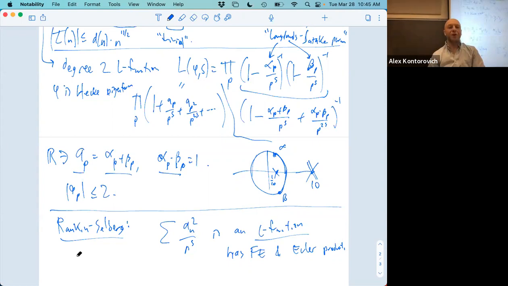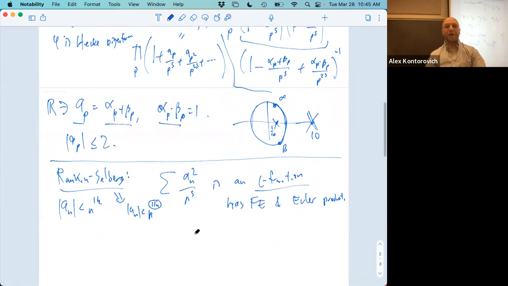take you from the trivial bound of a_n is bounded by n to the 1/2. So the Rankin-Selberg method will tell you that the a_n are bounded by something like n to the 1/4. So they make some progress towards the Ramanujan conjecture that the growth rate is not 1/4 but epsilon, in other words, 0.